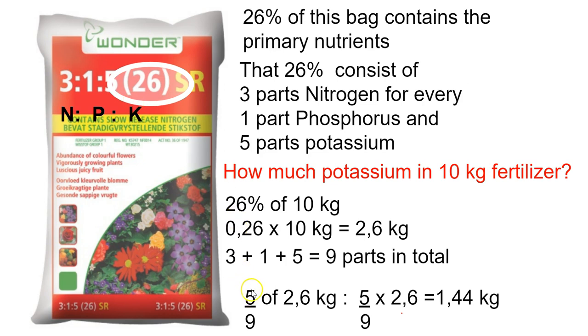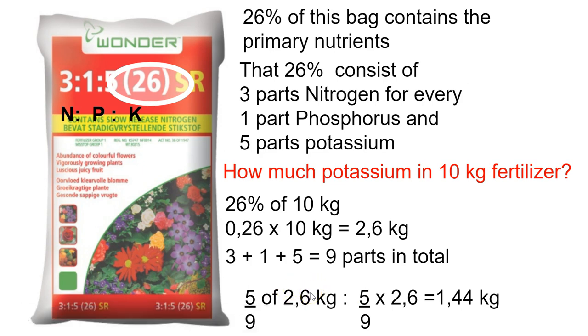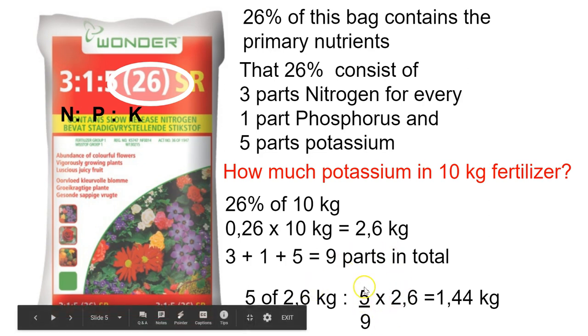So I know 5 out of 9 parts of 2.6 kilograms is the amount of potassium that I have. In order to calculate that, I have 5 over 9 times the 2.6, which is 26% of the 10 kilograms. And this gives me a total of 1.44 kilograms of potassium that is present.